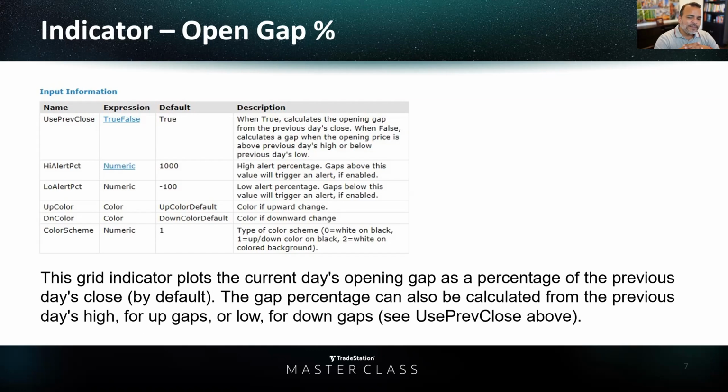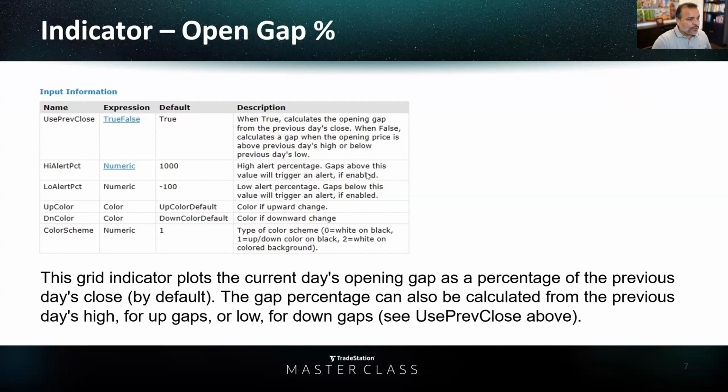So it doesn't actually meet the definition of an actual gap, but there's always a difference between what the stock opens at and what it closed at the prior day. And it's just measuring how much that gap is, even though there may not be a visual gap between candles. So let's go ahead and take a look at what this represents and how it's calculated.